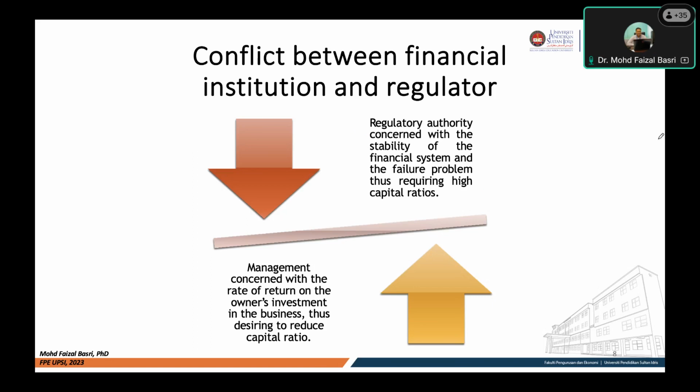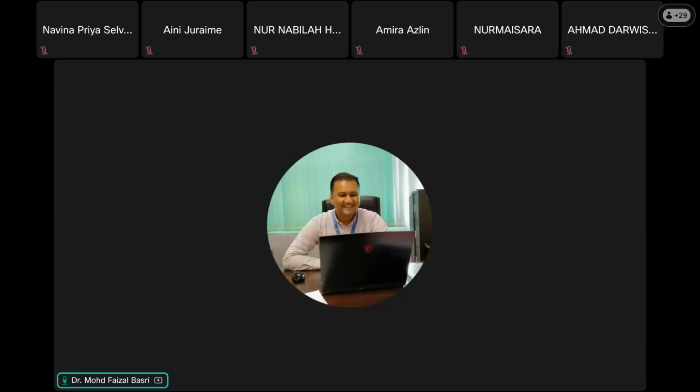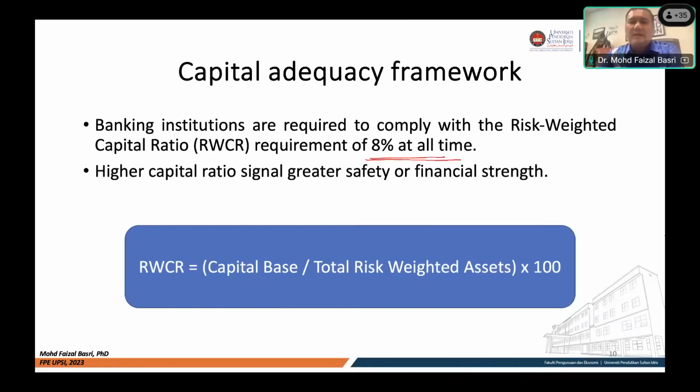When we calculate this, it is the capital base divided by the total risk-weighted assets, times 100. The higher the capital ratio, the greater the signal of safety and financial strength. So the higher the ratio, the better, basically. But the minimum is 8% at all times.